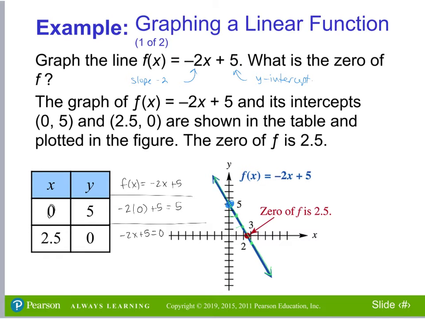So subtracting 5 from both sides, we get -2x is equal to -5. Dividing through by -2, x equals 5 over 2, which is the same thing as 2.5. And then plot those ordered pairs.